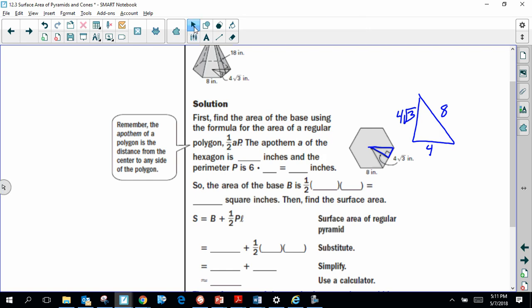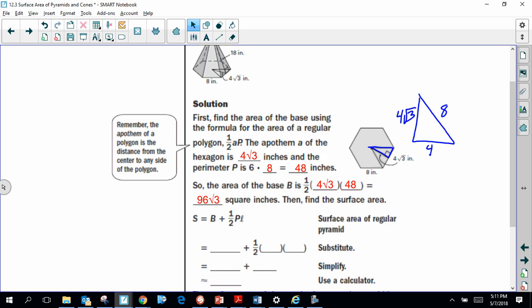So we take that information and use that to find the area of the hexagon. But I do need the perimeter. I have 6 sides that are 8 inches long, so that gives me a perimeter of 48. So here we get an area of 96 radical 3 square inches.